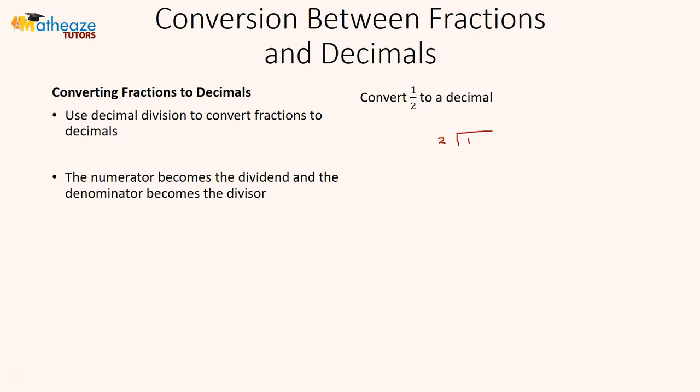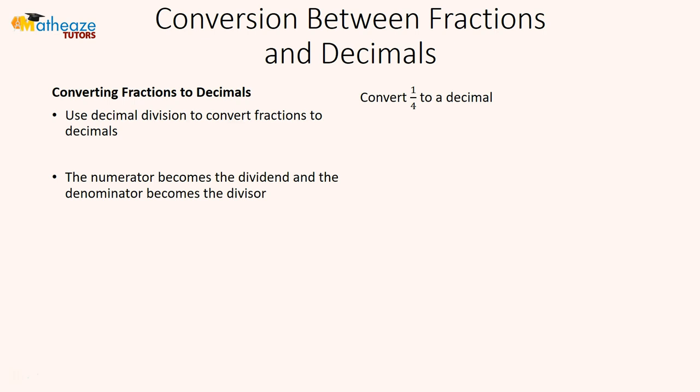So 1 divided by 2 cannot happen, so we'll put a 0 and then we'll put a decimal point right here, and because of that decimal point we have the license to introduce a 0 here. So 10 divided by 2, we have 5. 5 times 2, 10. So 1 over 2 is the same as 0.5.